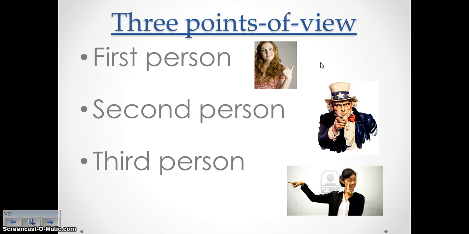The second person point of view, which is used rarely, we will discuss today briefly though, is when the narrator uses the word you. And then there's third person point of view, and there's a few types of third person point of view that we're going to get into in a little bit. But these are your three basic types. You have your first person, your second person, and your third person.